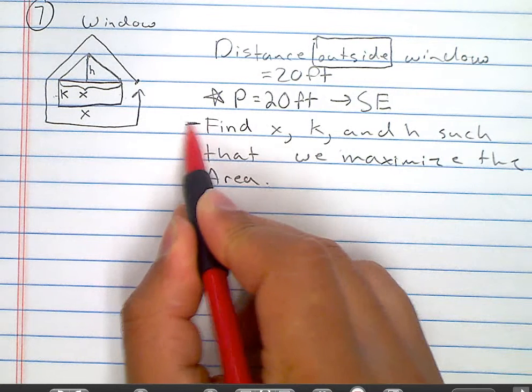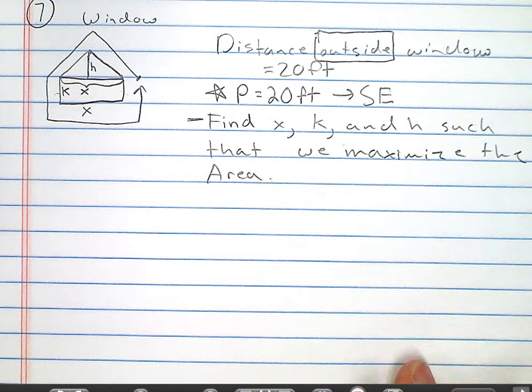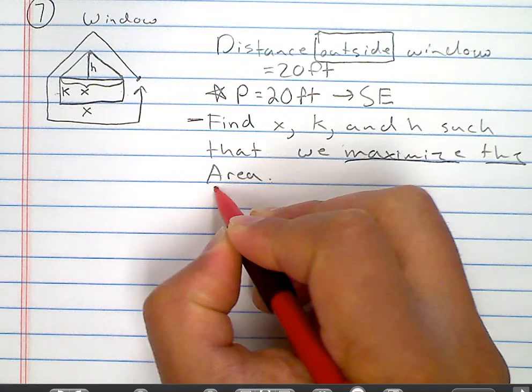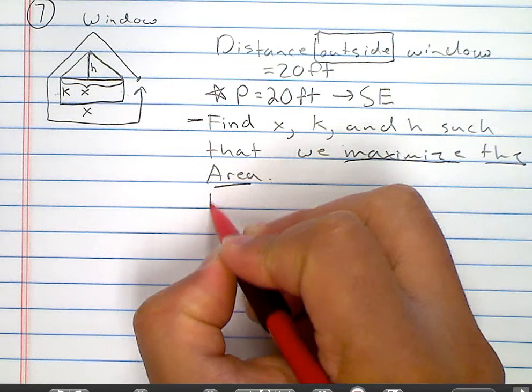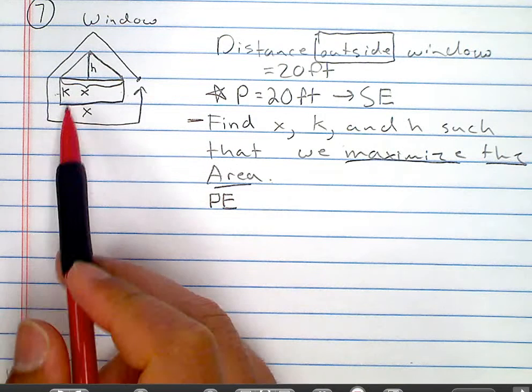All right. Keywords: maximize the area. So our primary equation's area. This is a compound area. What is the area of this rectangle?